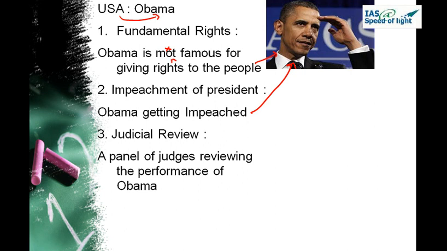Judicial review, okay, the concept of judicial review also we have taken from the USA. So a panel of judges is reviewing the performance of Obama. Obama is sitting in front of judges, and they are asking him questions like what have you done in these years, and they are evaluating his performance.